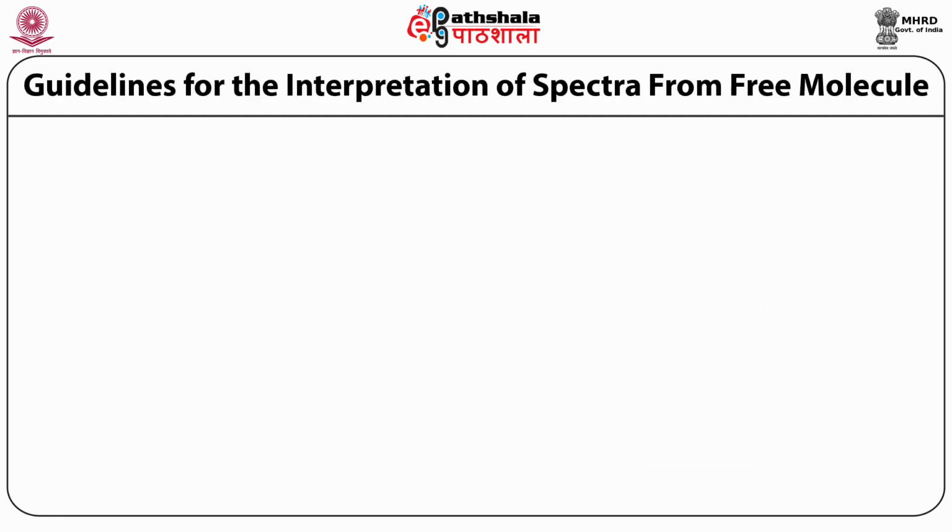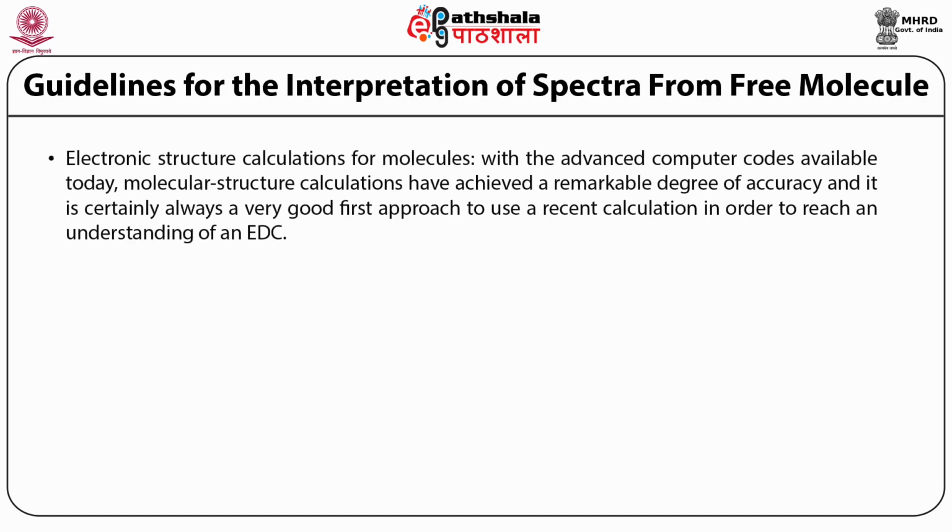It explains the guidelines for the interpretation of spectra of free molecules. Electronic structure, which when one calculates for molecules with the advanced computer codes available today, molecular structure calculations have achieved a remarkable degree of accuracy, and it is certainly always a very good first approach to use a recent calculation in order to reach an understanding of an EDC.